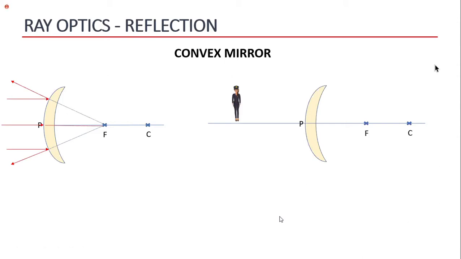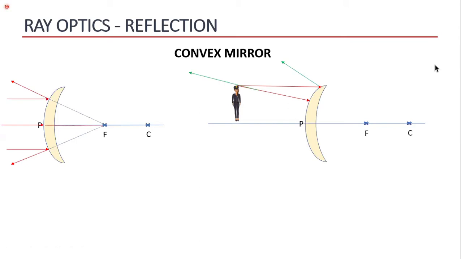Now, if your object is placed at a certain finite distance from your pole, I'm going to take a ray which is going parallel to the principal axis. So it will reflect in that direction, right? I'm going to take another one which is just falling on one point. This ray is actually passing towards the center of curvature.